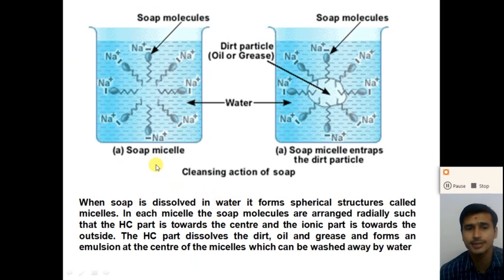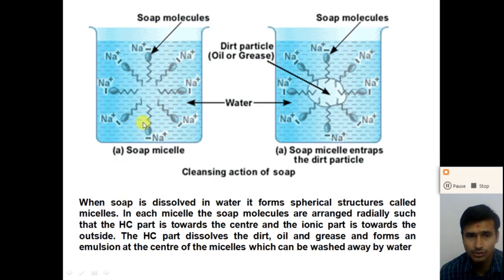When the soap is dissolved in water, it forms a spherical structure called micelles, right? So this type of spherical structure of soap molecules is called micelles. In each micelle, the soap molecules are arranged radially such that the long hydrocarbon part is towards the center and the ionic part is towards the outside.